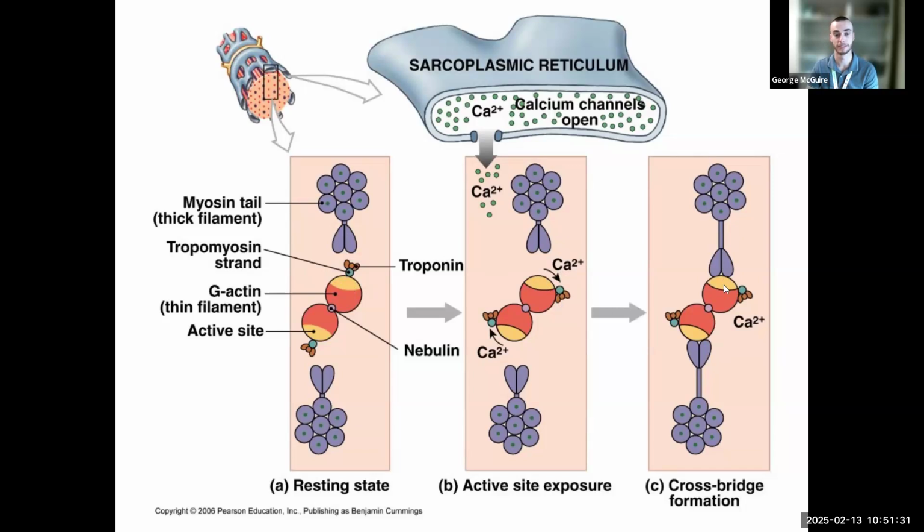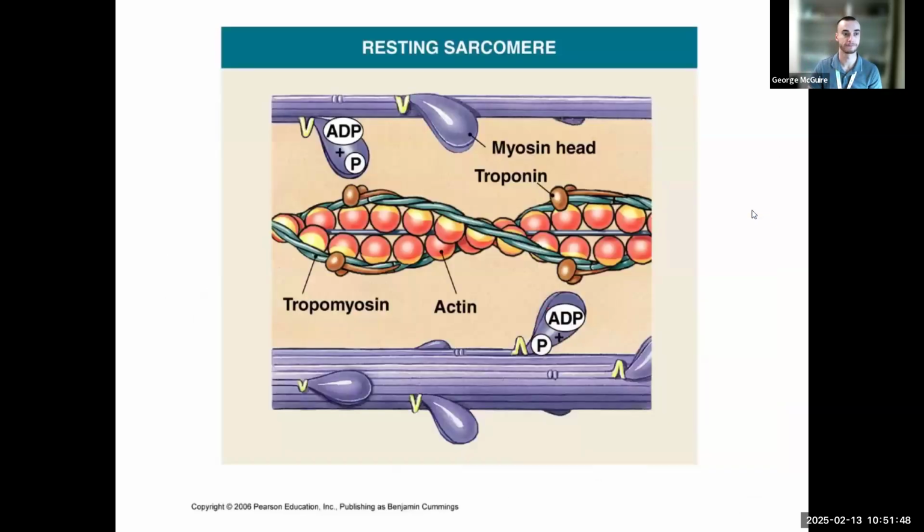Like a magnet, boom. And that attachment between the thick and thin filaments is referred to as the cross bridge. Right? There is now a bridge that has been formed connecting the thick and the thin filaments. So cross bridge formation.